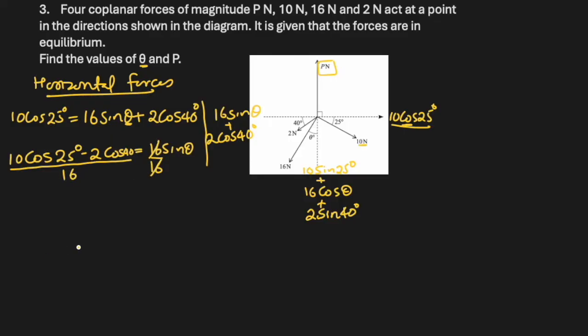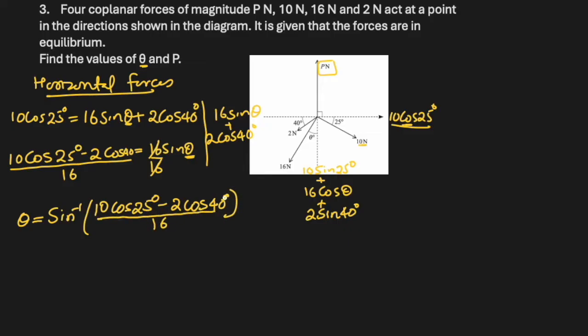So gone. And now if we want theta, it will be sine inverse of this whole thing, 10 cos 25 degrees minus 2 cos 40 degrees divided by 16. Let me use my calculator for this.